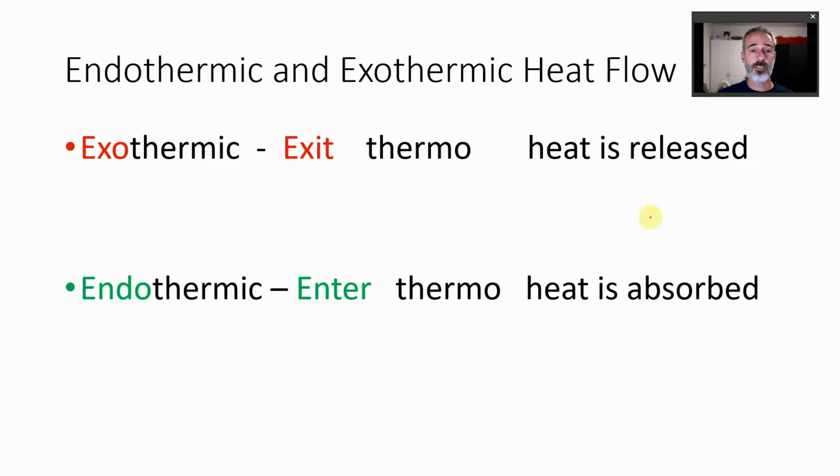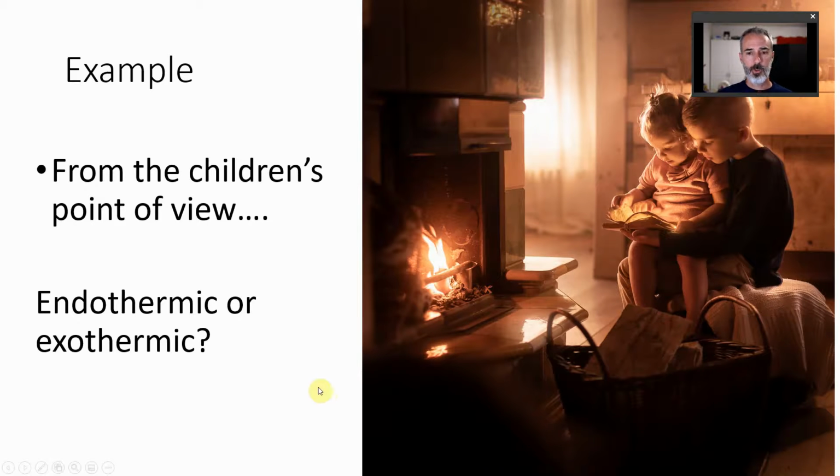Of course, that means that all processes that are exothermic, since the heat is leaving, are going to have signs of Q of, well, negative, because it's leaving. And of course, every time heat is entering and it's endothermic, Q is going to be positive. All right, so if we were looking at the kids again, the heat was flowing in, Q was positive. From the kids' perspective, this is an endothermic process. Okay?